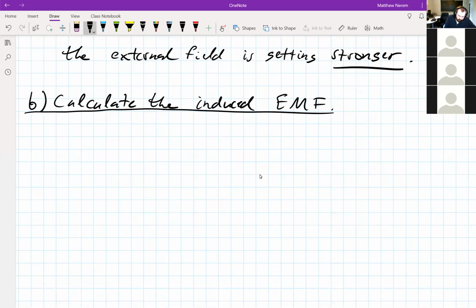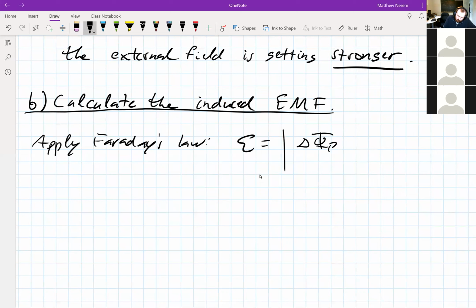So, right. We'll have the induced EMF is equal to the magnitude of change in flux over change in time. All right. So far, so good.